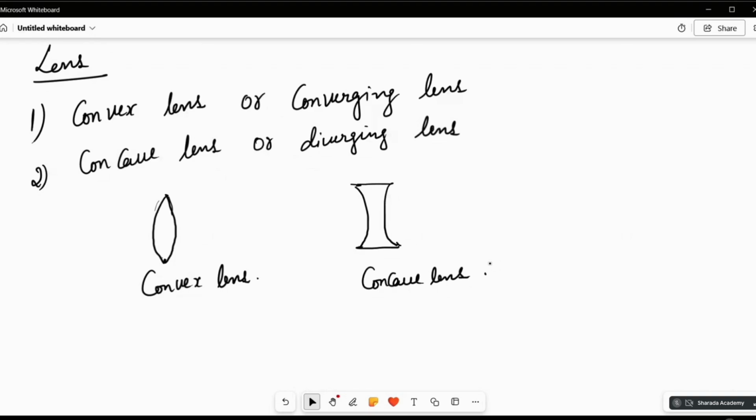Here, the convex lens is the converging lens. So when you study its properties, the concave mirror is very similar to the convex lens. When you compare concave mirror and convex lens, they are similar. And convex mirror is similar to concave lens.